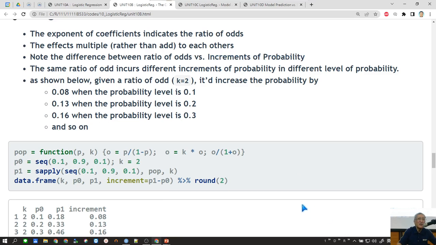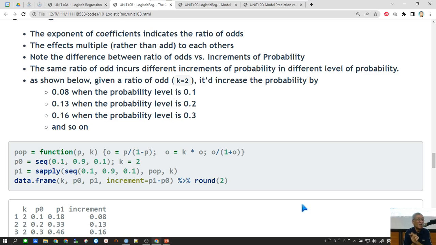But as I told you many times in our course, our purpose is not to use the coefficient individually. It takes very serious training before you can estimate the coefficient correctly.